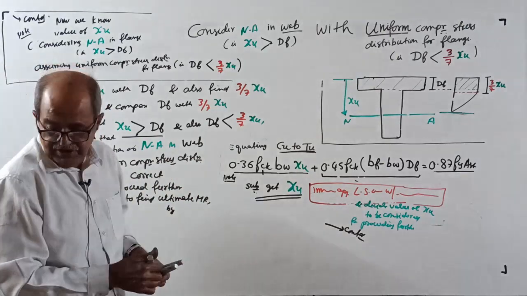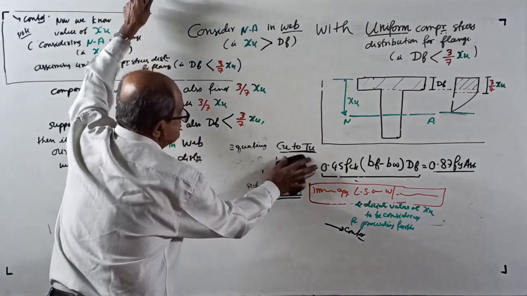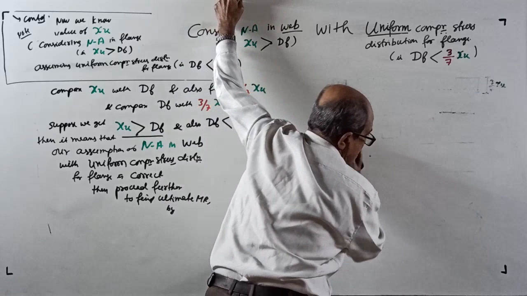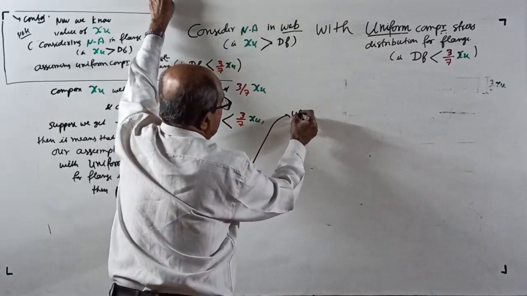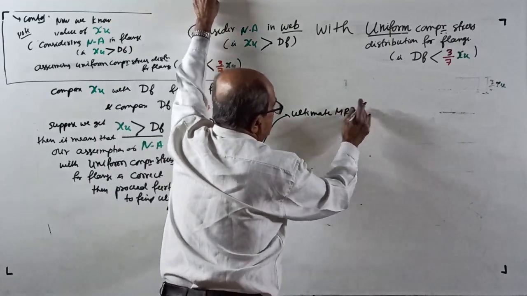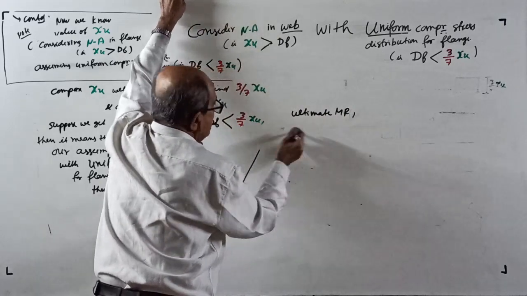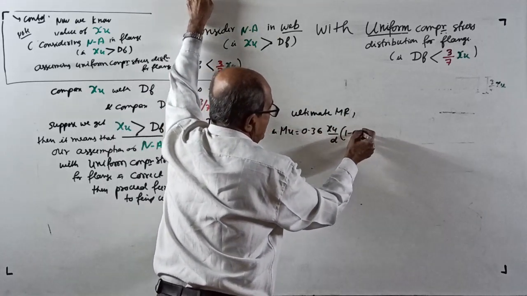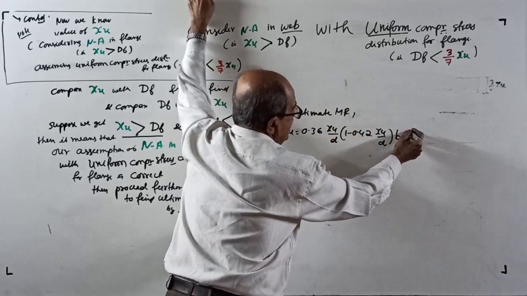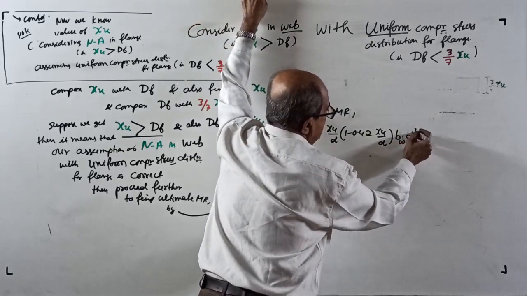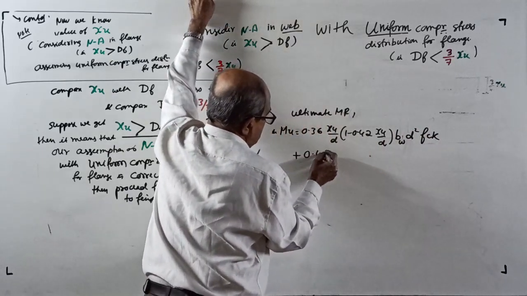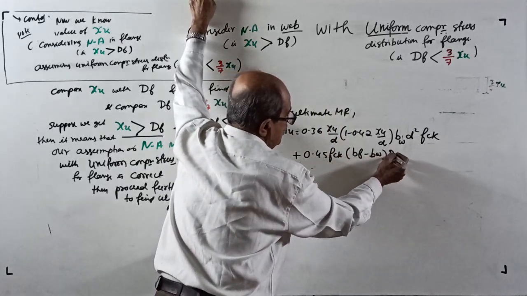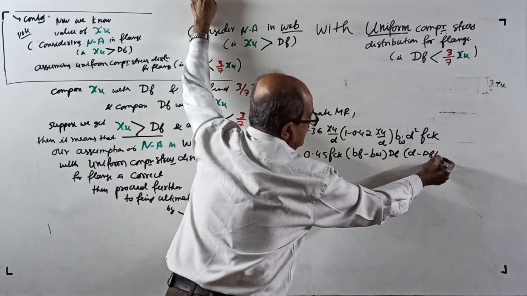I'll give the formula for ultimate MR. Mu equal to 0.36 into xu by d into 1 minus 0.42 into xu by d into bw, not b, into bw d square into fck, plus 0.45 fck, that's the area, into bf minus bw into df into lever arm into d minus df by 2.